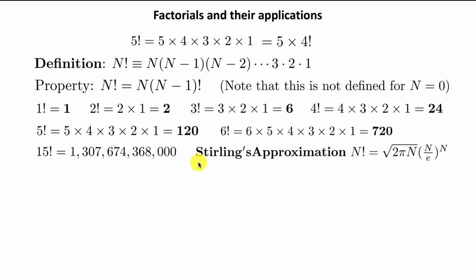However, it is fairly easy to find an approximation for large n. It's called Stirling's approximation. This says that for large enough n, n factorial is square root of 2 pi n, and then n divided by the exponential, so this e is 2.718, etc., this raised to the power n.